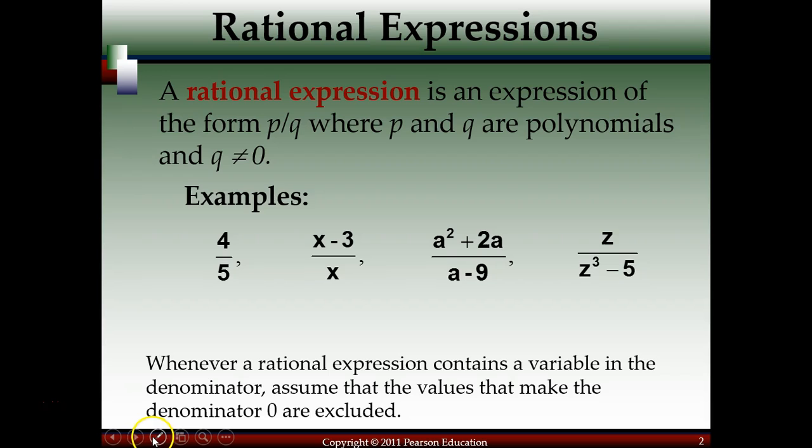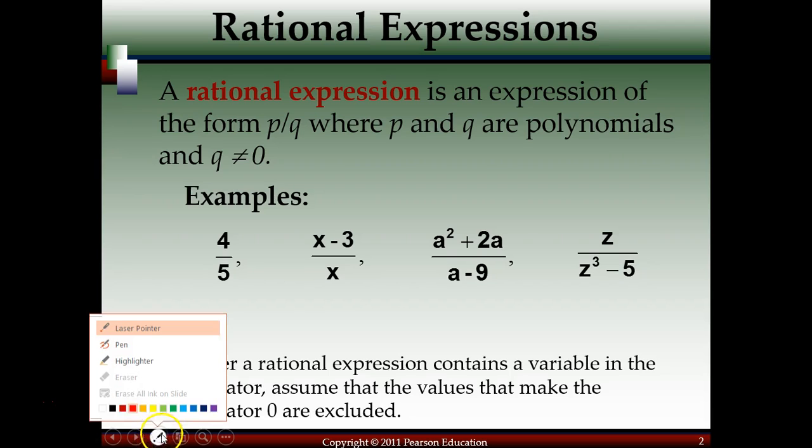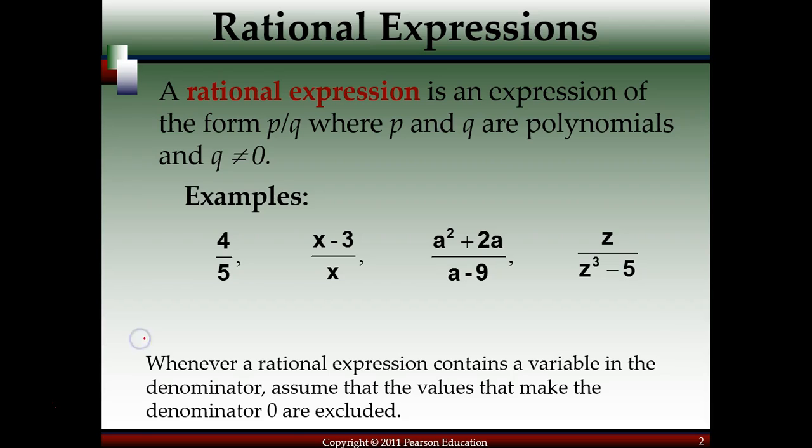So in this case, when stating values that we are going to exclude as a solution to our equation or expression, or finding the domain of our expression, we are going to exclude any value of our variables that makes the denominator 0.